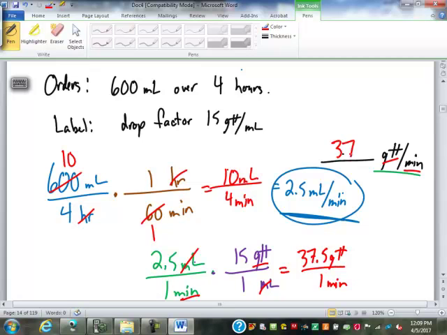So our answer here, we said depending on whether we're using an electronic infuser or a manual infuser, sometimes we would round to the nearest drop, sometimes we'd round to the 10th. We're going to assume here that this is an electronic infuser, so we are going to round to the nearest 10th. So we'll leave that as 37.5 drops per minute.